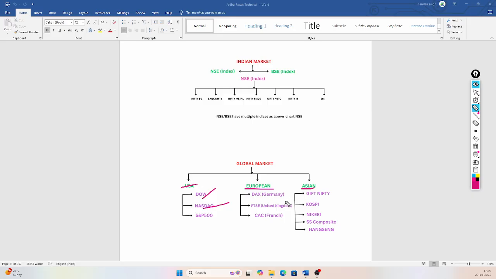In Europe we have DAX from Germany, FTSE from the United Kingdom and CAC from France. And in Asia we have GIFT Nifty from India, Kospi from Korea, Nikkei from Japan, SS Composite from China and Hang Seng from Hong Kong.